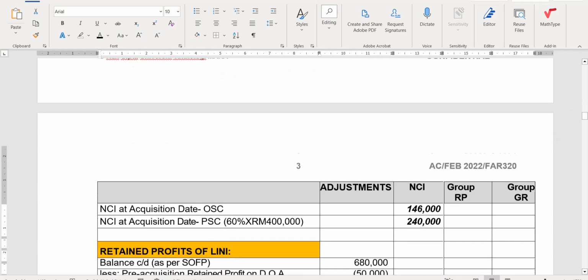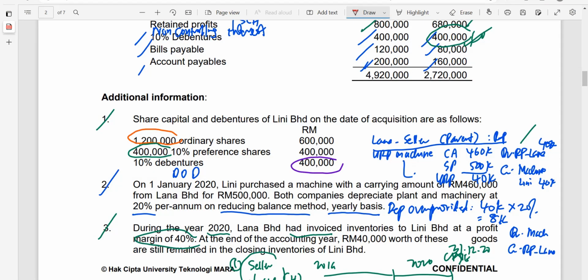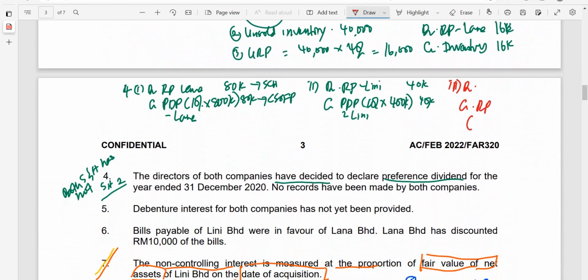So we take 40% times 40,000 from here. So you get 16, and this is to be credited to the retained profit of Lana, meaning that this will appear in the schedule. This figure will also appear in the schedule, but the portion that will be credited to Lana is the one based on the percentage acquired.